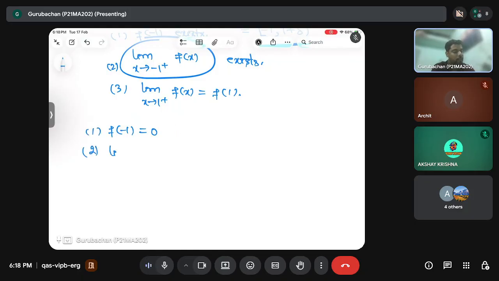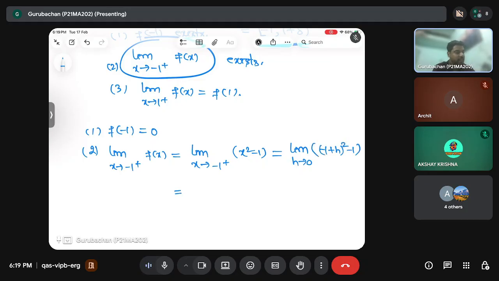Now limit x tends to minus 1 plus f(x) will be equal to limit x tends to minus 1 plus of x square minus 1. One way is to put x equal to minus 1 plus h, so it will be limit h tends to 0 of (minus 1 plus h) whole square minus 1. One way is to solve this. Another way is to see the graph.